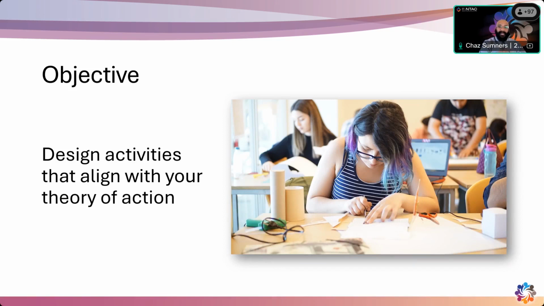And then we're going to align those with a single measurable outcome. Again, both of these things should already be in your logic model that we've developed. So we're going to use the things that we've already developed to actually build an activity using our intentional design planner, which is also part of the summer learning planner that we've shared with you.